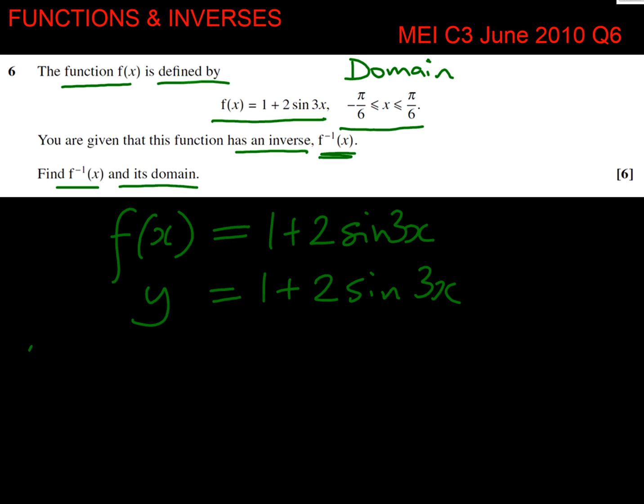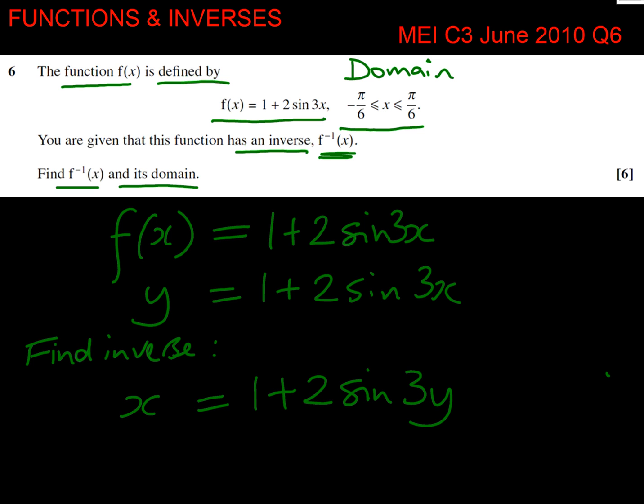And then to find the inverse, we're going to swap over our two variables. So we just write it again as x equals 1 plus 2 sine of 3y. And then we just need to rearrange the equation to make y the subject.